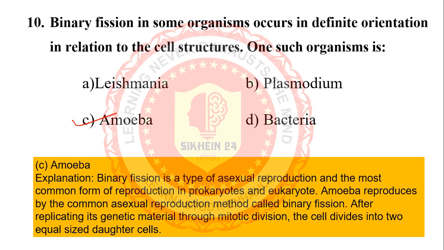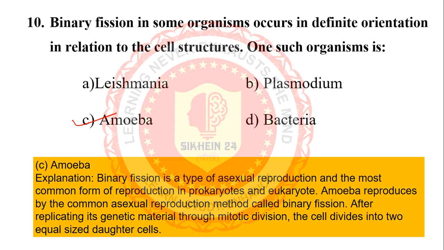Amoeba. Binary fission is a type of asexual reproduction and the most common form of reproduction in prokaryotes and eukaryotes. Amoeba reproduces by the common asexual reproduction method called binary fission.